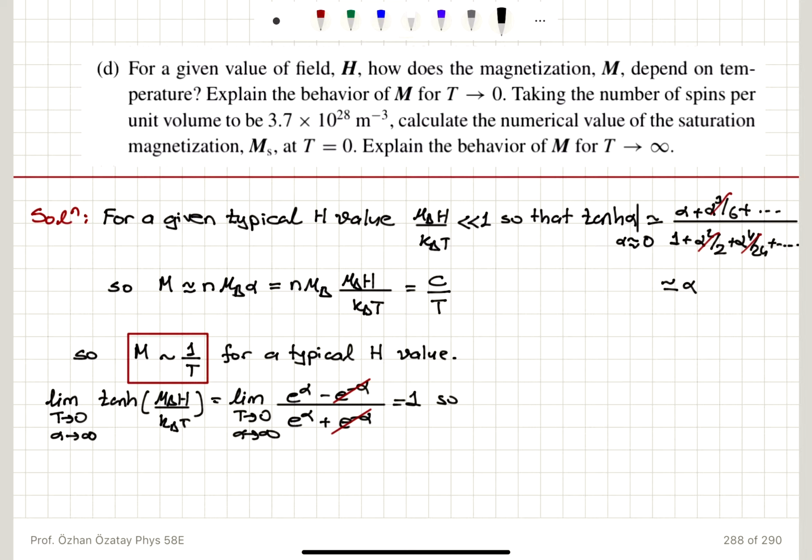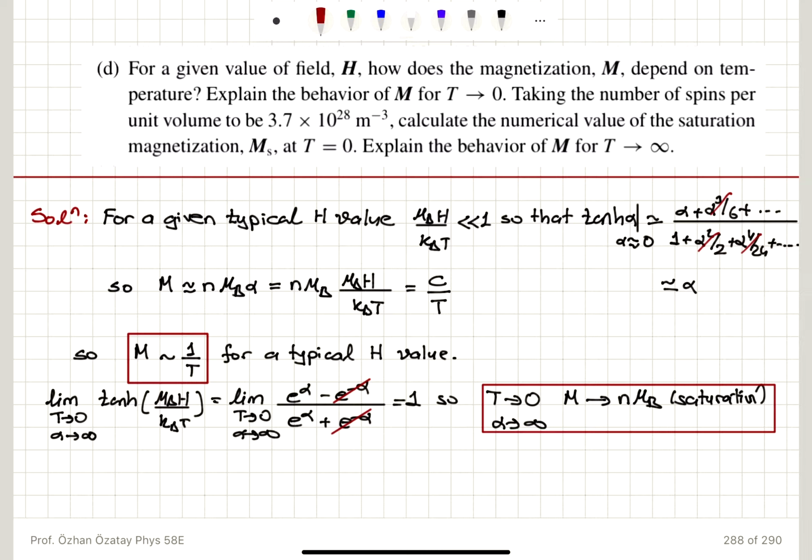So what happens as T goes to 0? As T goes to 0, the magnetization approaches its saturation value, the number of spins per volume times a Bohr magneton. So this is saturation, and this is equivalent to saying alpha is approaching infinity.